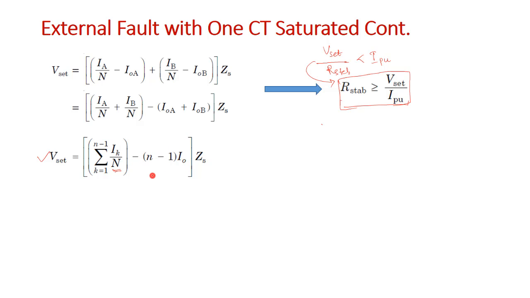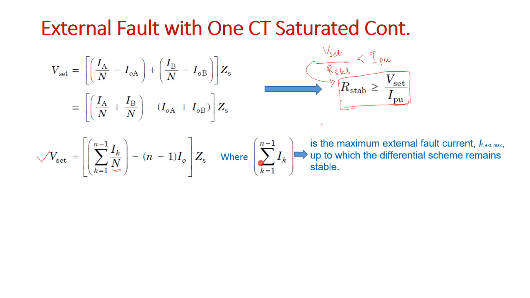So if we say that the magnetizing current for all the CTs is equal to IO, right, then I will say that n minus 1 into IO into ZS. So that will give me V set, that is the voltage across the spill path, and where this is the maximum external fault current, right. This is exactly equal to your maximum fault current up to which the differential scheme remains stable, right. So this is your maximum external fault current.